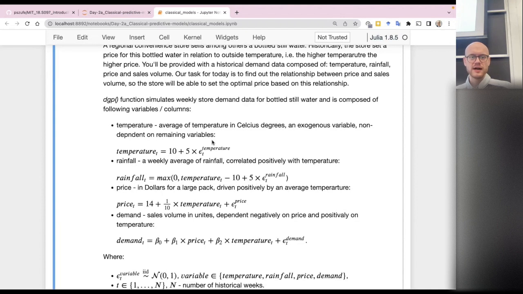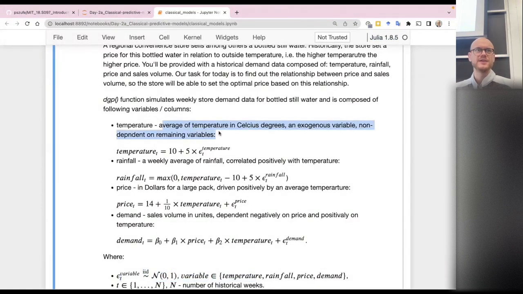Those 4 variables are somehow related. Starting with the temperature, it is the only variable which is independent, not dependent on others. It is generated as follows: we take 10 plus 5 multiplied by a random variable drawn from the standard normal distribution, as you can see here below.